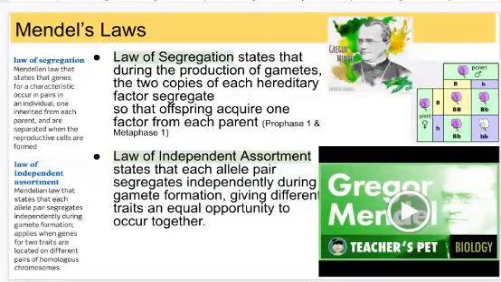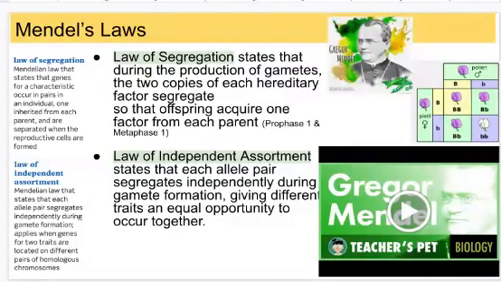As I said before, his work was largely ignored for 30 to 40 years. He hypothesized that parents contribute some particulate substance to the offspring, which then determined its heritable characteristics.